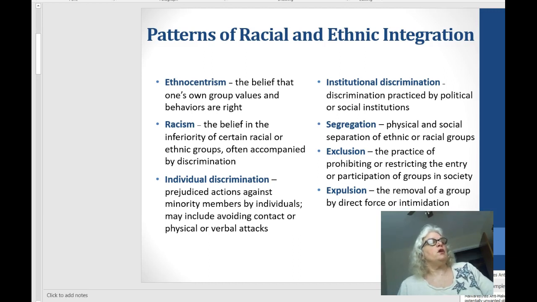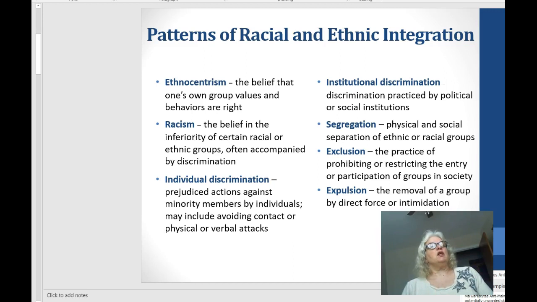We'll see individual discrimination related to gender, as well as sexual orientation, as well as aging, as well as disabilities. And this discrimination comes into place where members of individuals may avoid contact or physical or verbally attack another minority in that process, or another section of the population.